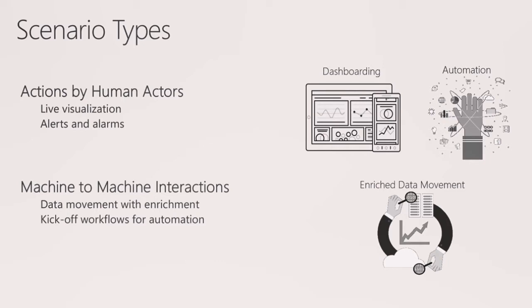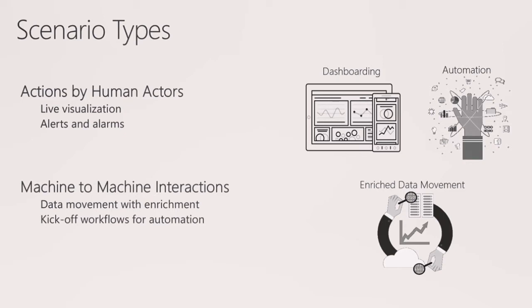Anomaly detection models, machine learning, intelligence put into my pipeline. I'm going to show you both of those. But it's not only about detecting, it is also about the workflows that I can kick off. So I want to send emails; our customers are creating ServiceNow tickets, for example, because that's what they use for their alerting and monitoring.